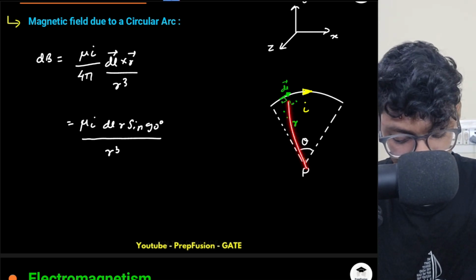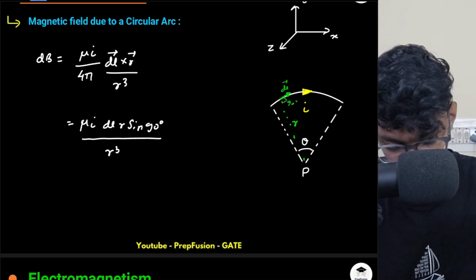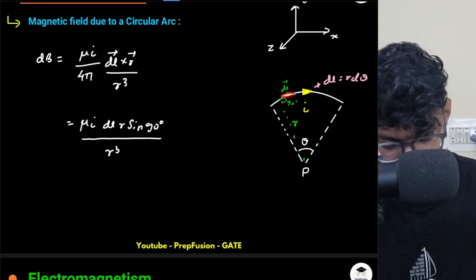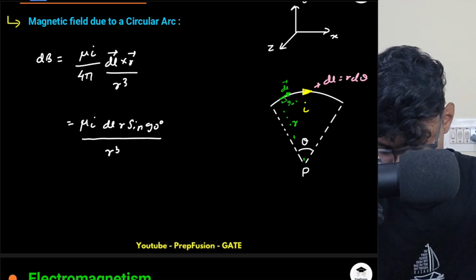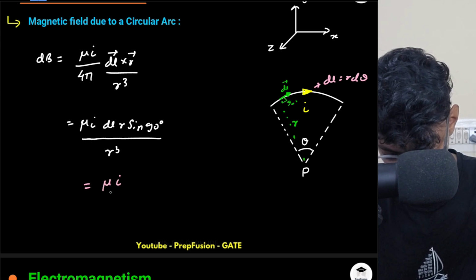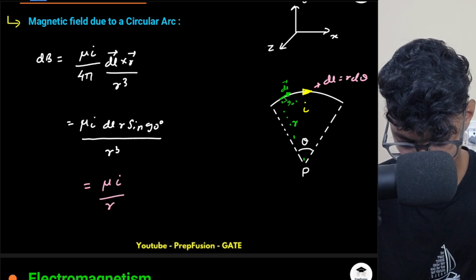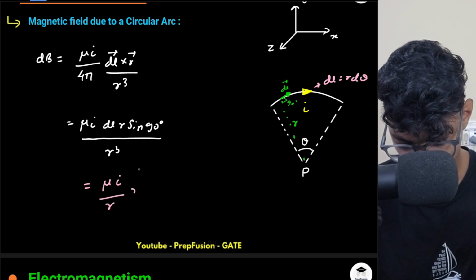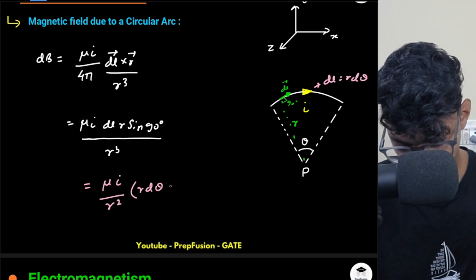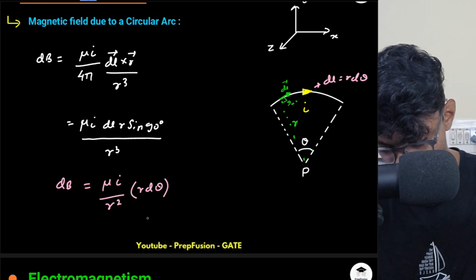I hope you understand that this is my r and this is my dl, the simple distance, so dl can be written as r d theta. This will come out to be mu I; one r gets cancelled, so this will be mu I by r times d theta simply. I have replaced dl with r d theta. So can you tell me what the total magnetic field is now?